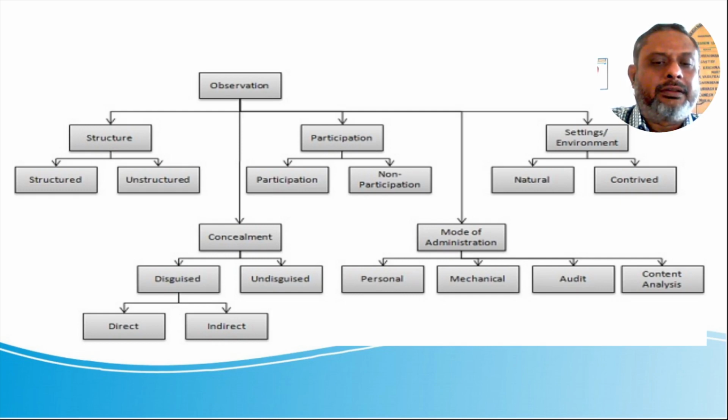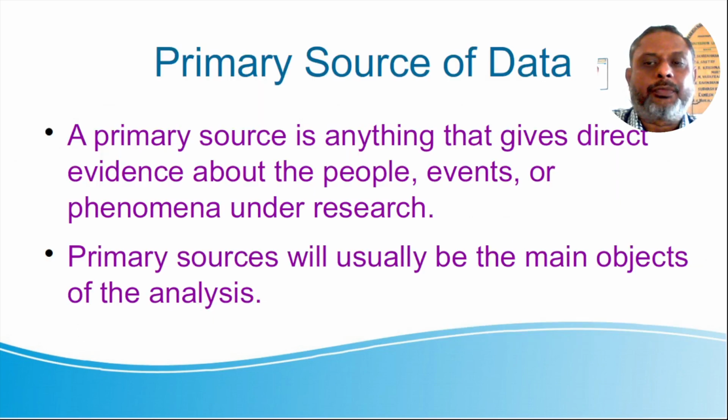This disguise can be either directly disguised or indirectly disguised. According to the mode of administration, observation may be defined as personal, mechanical, audit, content analysis, and so on. So that's the overview of the broader ways observations can be performed.